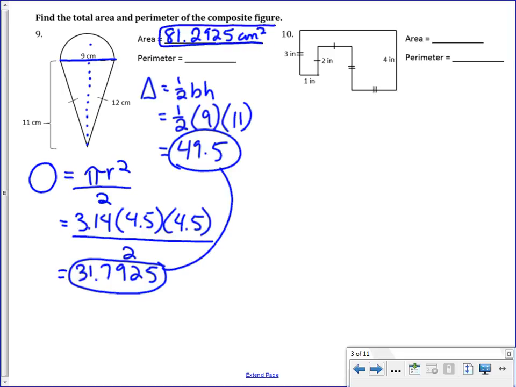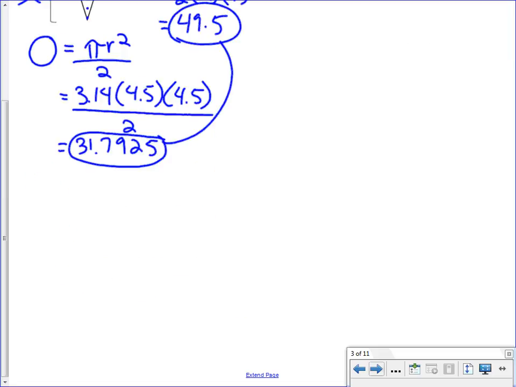Okay, there's my area. And they also want me to find the perimeter. So to find the perimeter of this, I have to go around the outside. Well, I have one measurement. That's 12. This single hash mark tells me it's the same thing over here with that single hash mark. So that makes this 12. I don't need this. That's got nothing to do with my perimeter at this point. But I do need to know how far it is halfway around the circle. So I need half of pi d, because remember circumference is pi d.